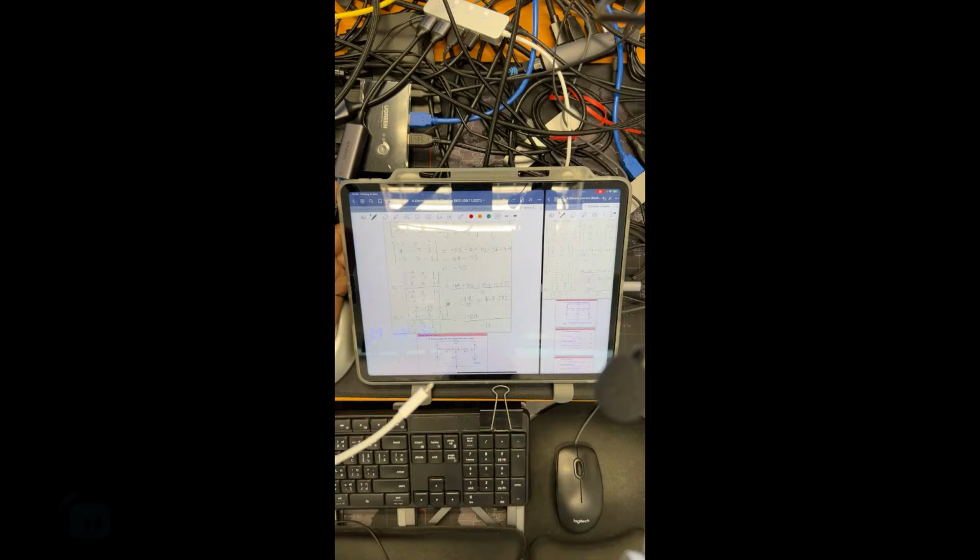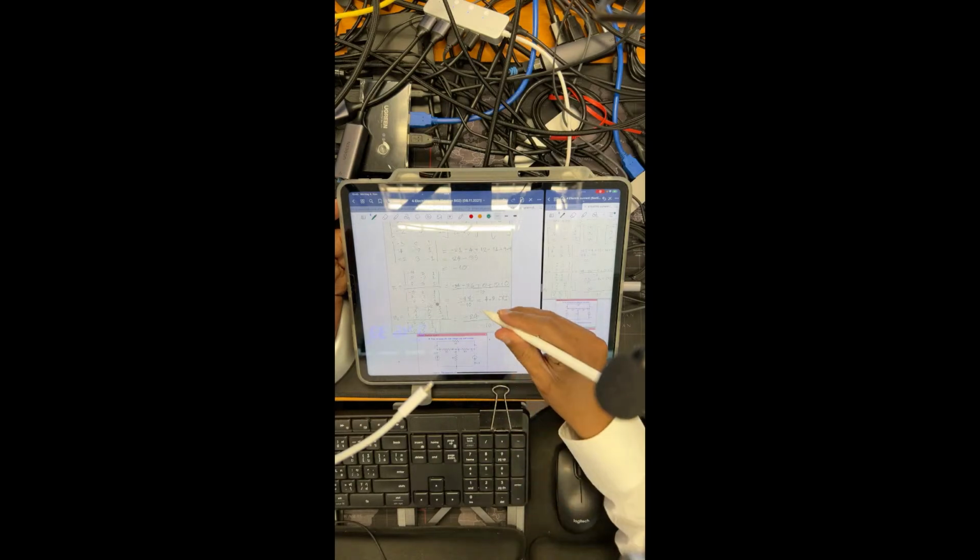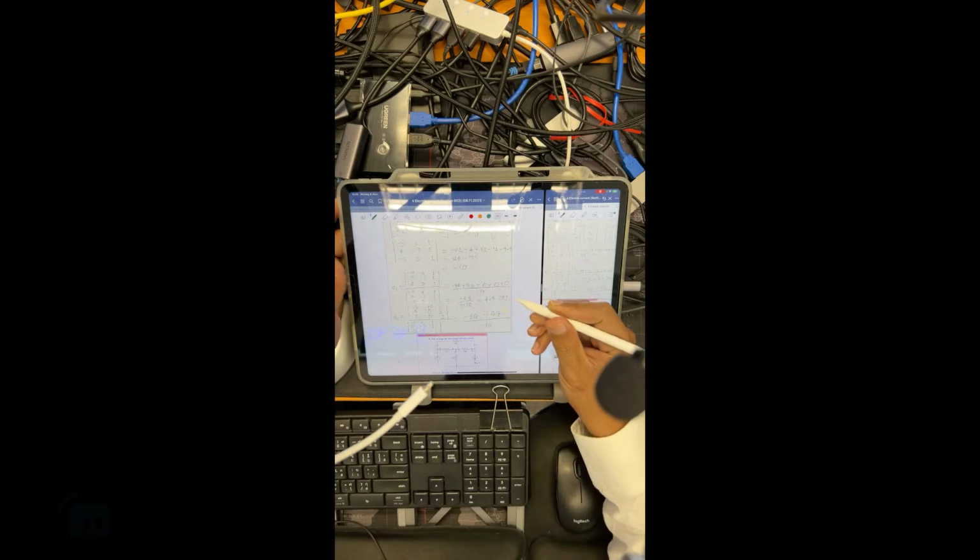Once you go up, it's gonna be 0. 0, 1, minus 3 is 0. Minus 1, 4, 12 is plus 48. But once we go up, it should be negative. The negative of 48 is minus 48, right?